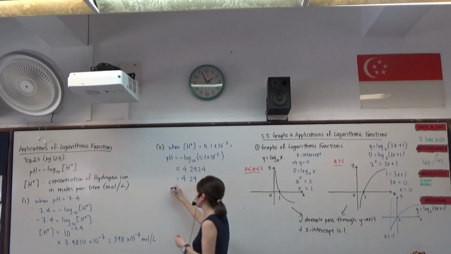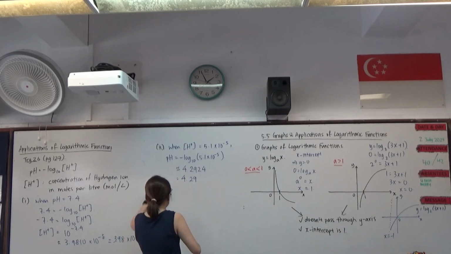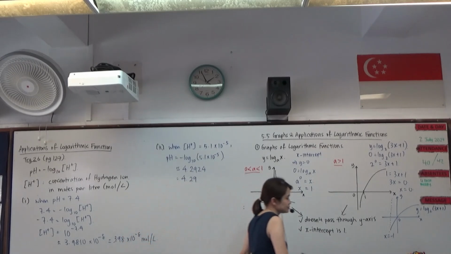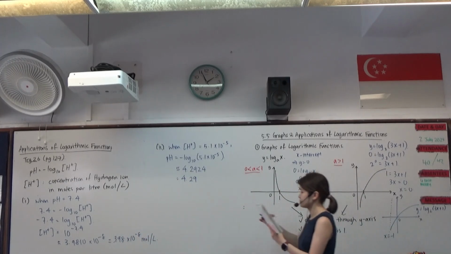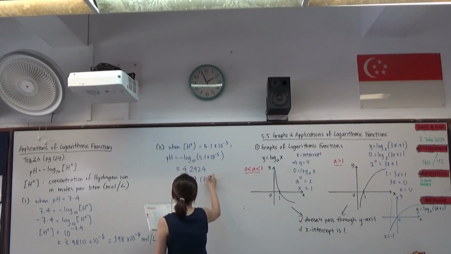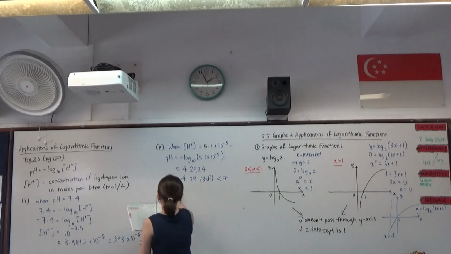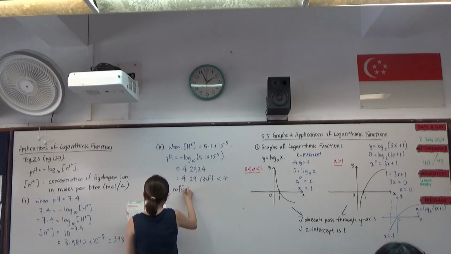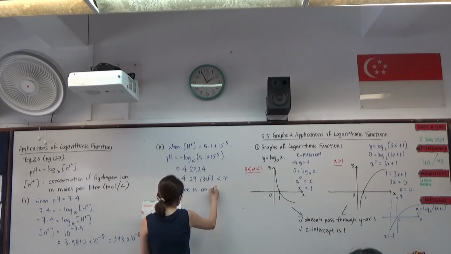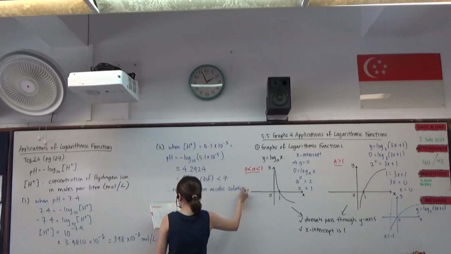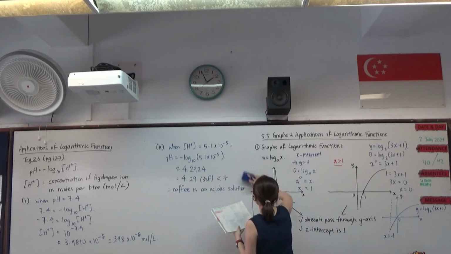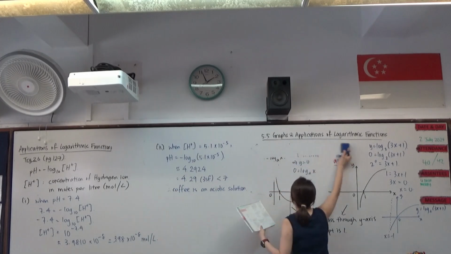It's an acid, huh? Okay, so black coffee is acidic. Erase this.